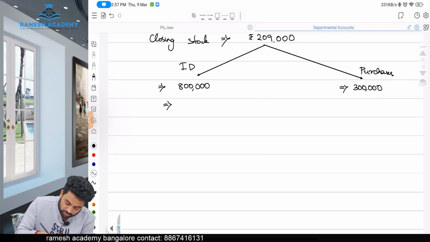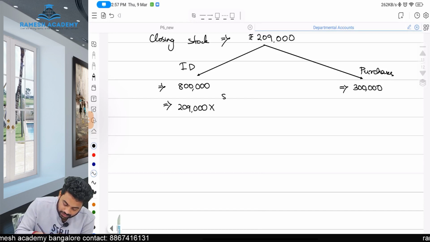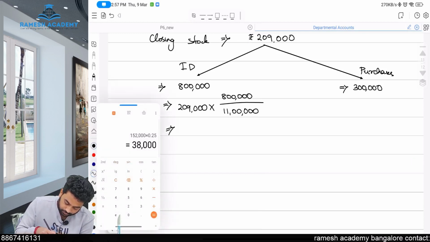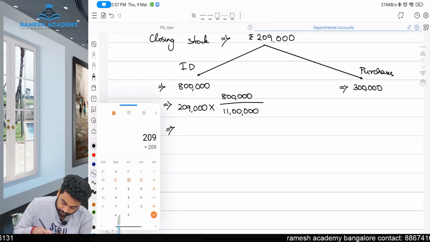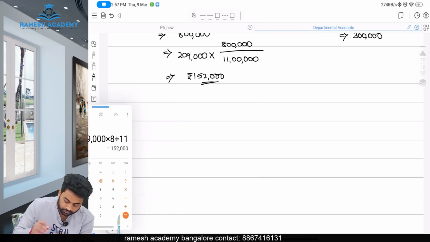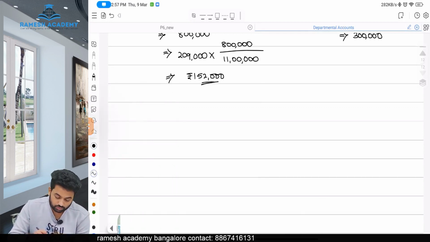So out of 209 pending, how much is interdepartmental? 152,000.